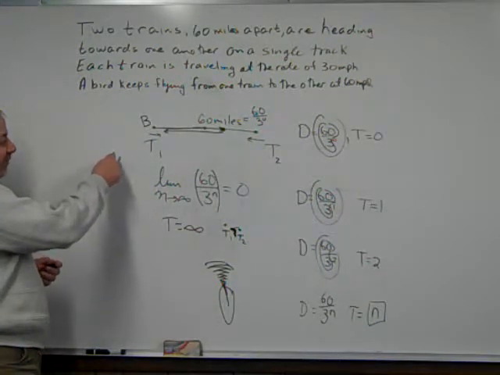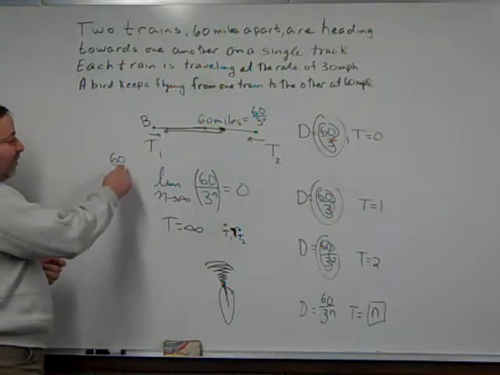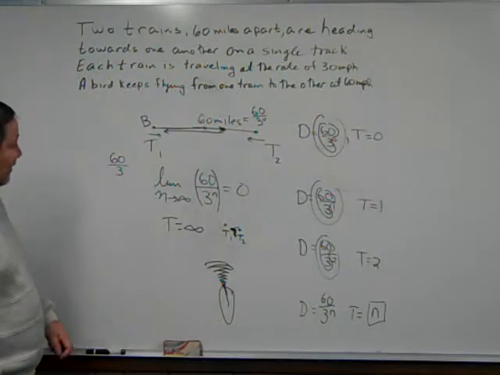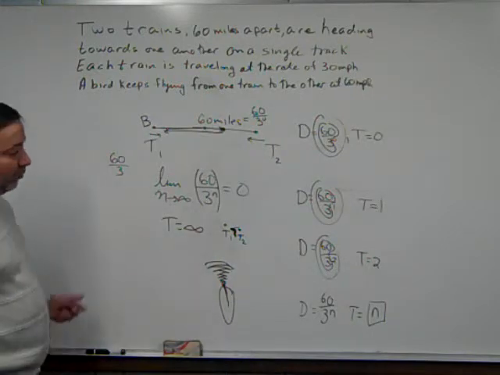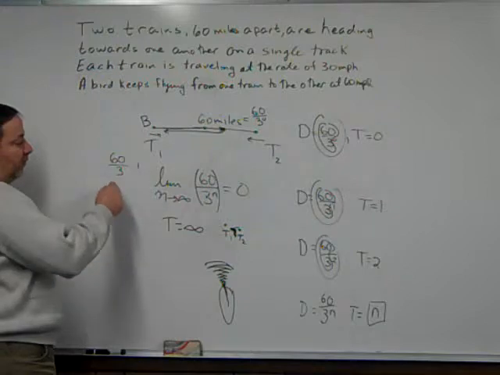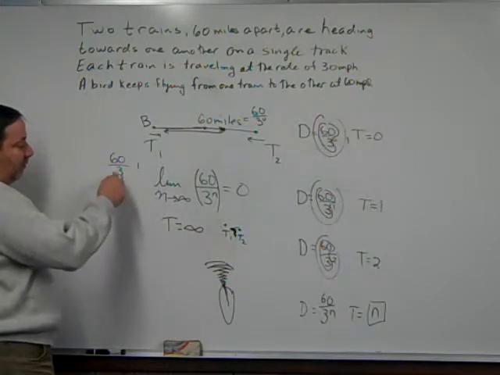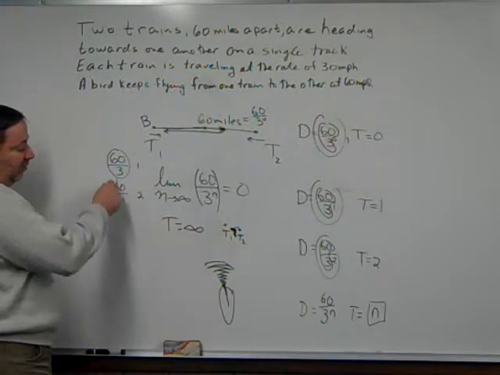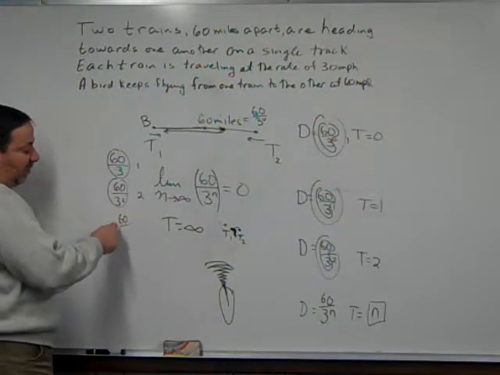okay, you have a distance of 60. Every time you walk 1/3 of the distance, clap your hands, or let a bird fly from one train to another. Divide this by 3. Clap your hands. Divide this distance by 3.